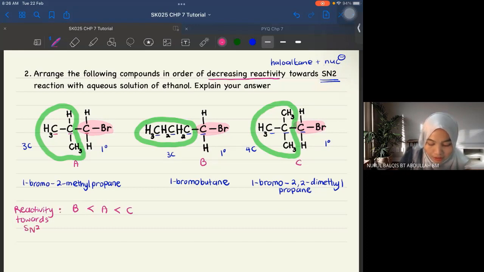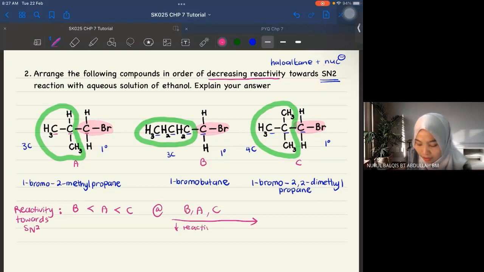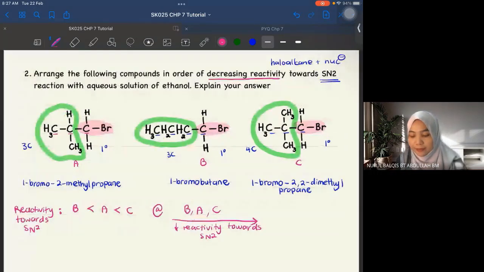Ataupun B, A, C. Ke arah ni, decreasing reactivity towards SN2.